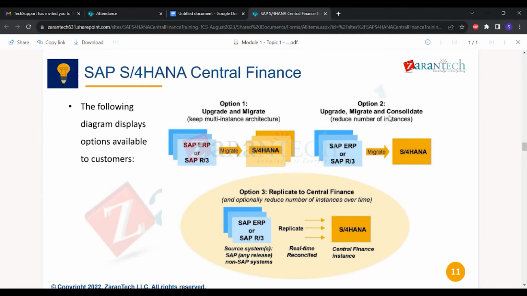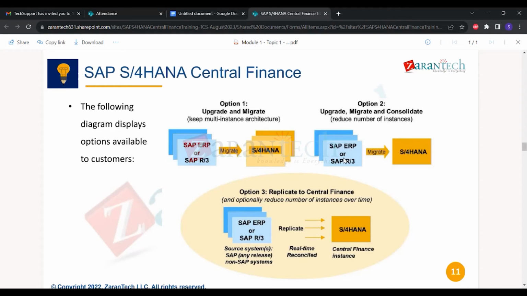Again, upgrade, migrate and consolidate will have two business cases when they have this setup. One is that some of their ECC systems are on lower versions which do not support migration to S4 HANA directly. In that case, they don't have a choice, they will have to upgrade to a higher ECC version, and then they can migrate to S4 HANA.